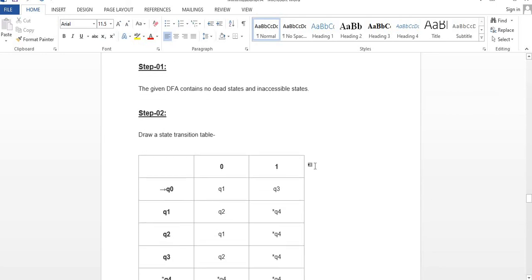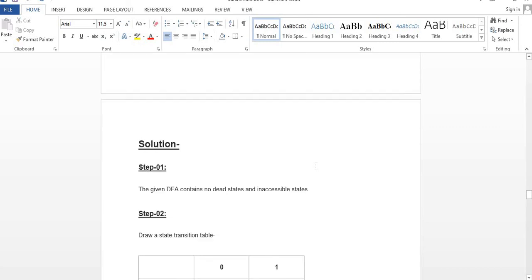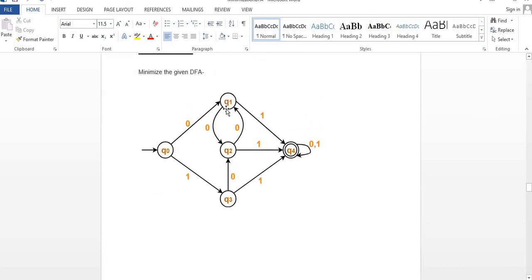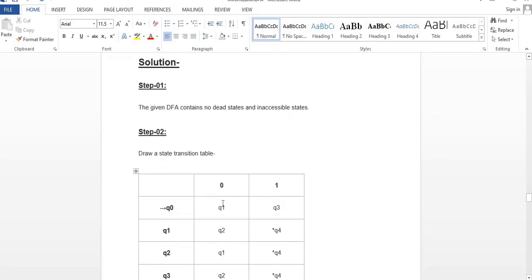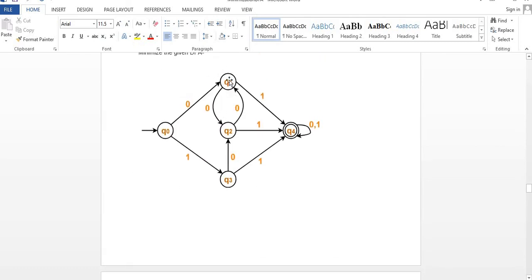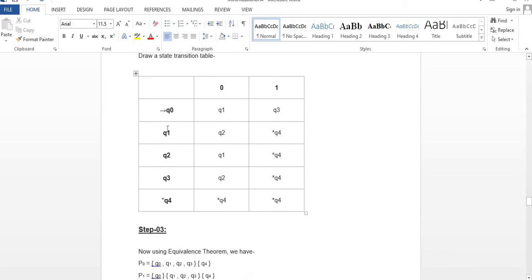So draw the transition table from the given DFA: Q0 on 0 goes to Q1, Q0 on 1 goes to Q3, Q1 on 0 goes to Q2 and Q1 on 1 goes to Q4. In this manner fill the state transition table, in which Q0 is your initial state and Q4 is your final state.